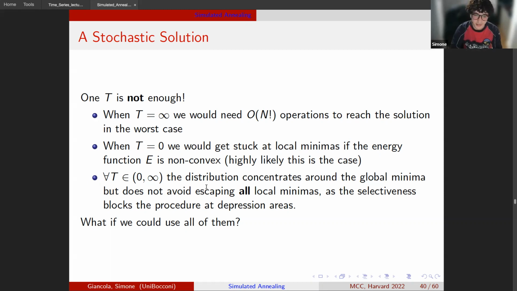And thus for each t, we can find a way to create an instance of the problem that has an energy function with a very deep local minimum, which is not the global minimum, that makes this decision rule, dependent on the energy, not enough to escape the local minimum. So it gets stuck anyway. An idea is using all of them.